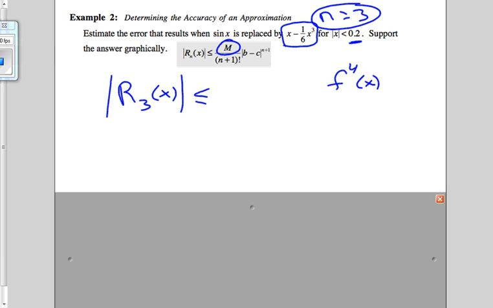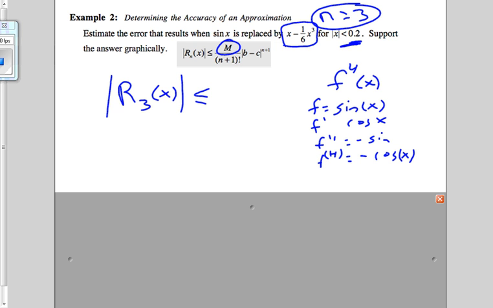Well, we know that sine x is my function, and then f prime would be cos, f double prime is going to be negative sine, and f fourth will be negative cos. So we know that the maximum absolute value of this fourth derivative between negative 0.2 and 0.2, the most that this can be is going to be 1. That's the biggest it could be.